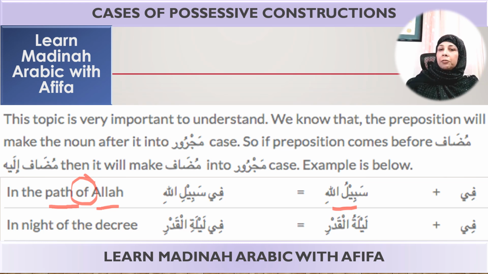So the mudaf is sabilu, and Allahi is the mudaf ilayhi. So now let's see what happens when we put this preposition fi, which means in, in front of this. So what happens is it becomes fi sabilillahi. So the preposition made sabil bear a kasra now, right?